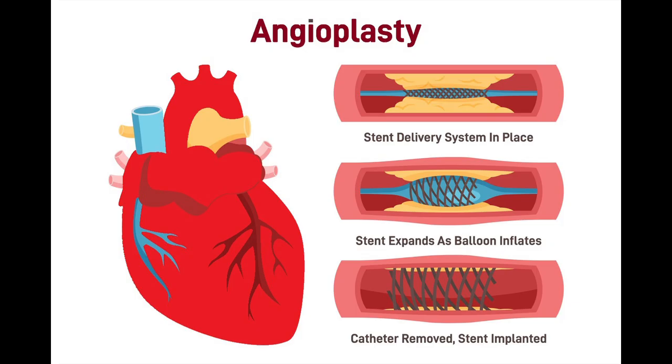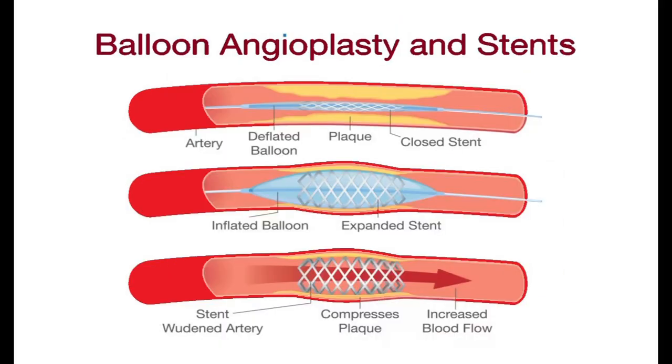Sometimes the catheter is placed in your arm, wrist, or the upper leg, groin area. The patient will be awake during the procedure. The doctors use live x-ray pictures to carefully guide the catheter up inside the heart and arteries.